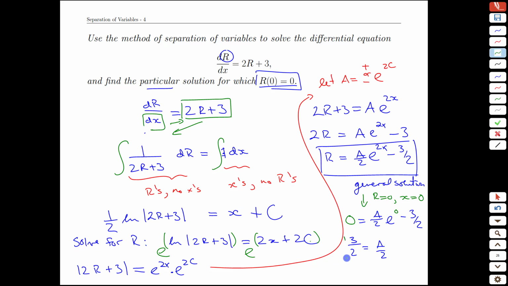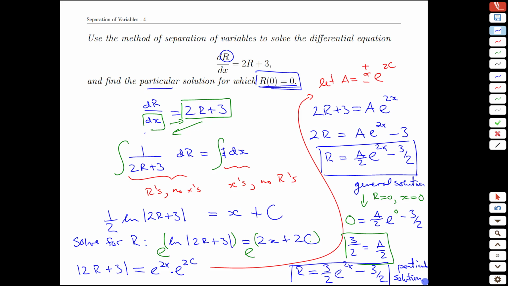You can solve for a if you like, but if you look at our expression, we actually have a over 2 anyway, so we're just going to keep that as 3 halves. So r equals 3 halves e to the 2x minus 3 halves. That is our particular solution. And by particular, we mean the one specific solution that happens to go through 0, 0.